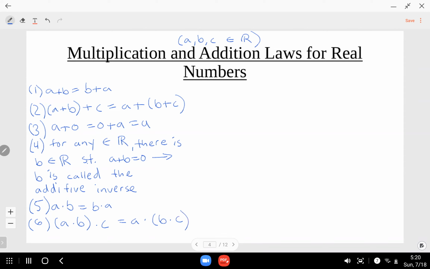Our seventh law is a times 1 equals a. That's just common sense, like a plus 0 is a.